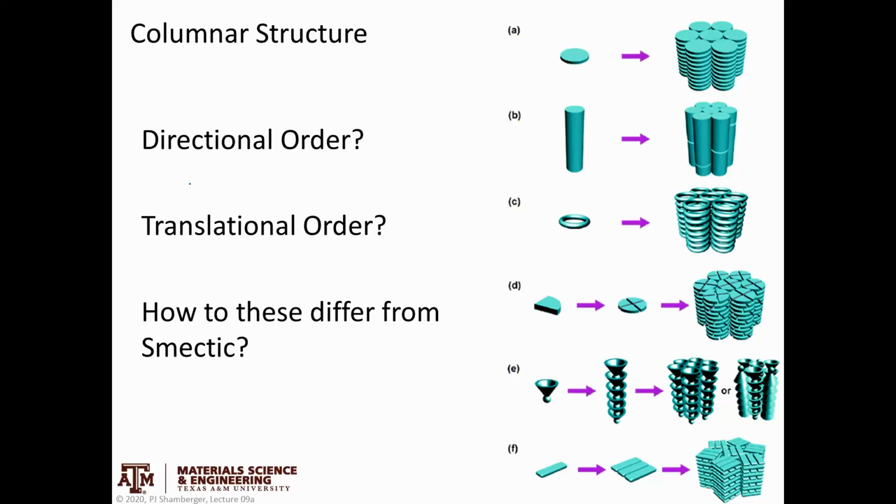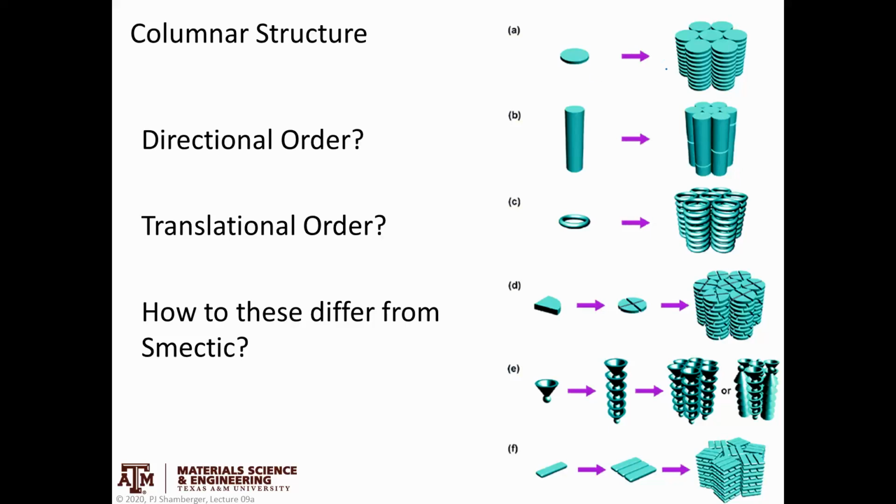Columnar can be somewhat more complicated, and it depends on the actual shape of the thing that you have. And so again, we can have things like disks, things like rods, things like rings, things like wedges. Again, these tend to stack on top of each other.